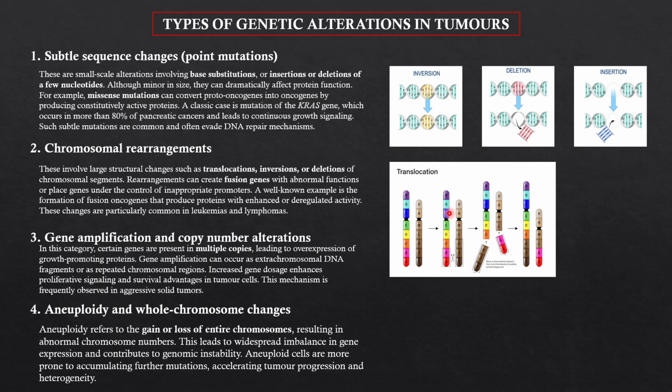Similarly, translocation can be of different types. Suppose B and A are translocated into the other chromosome, whereas K, J, and I are translocated to the adjacent chromosome. So basically, this is called translocation.